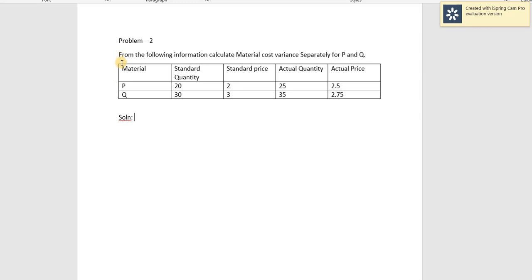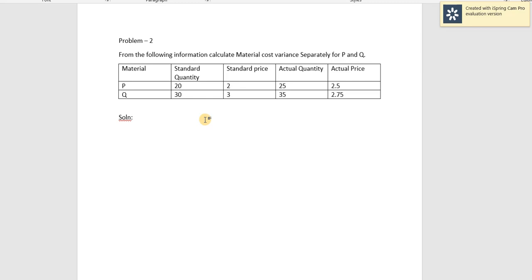From the following information, calculate material cost variance separately for P and Q. They have given the required information: material P and Q, standard quantity, standard price, actual quantity and actual price.